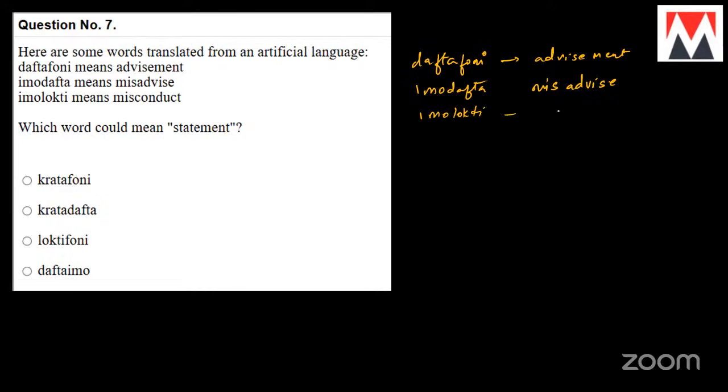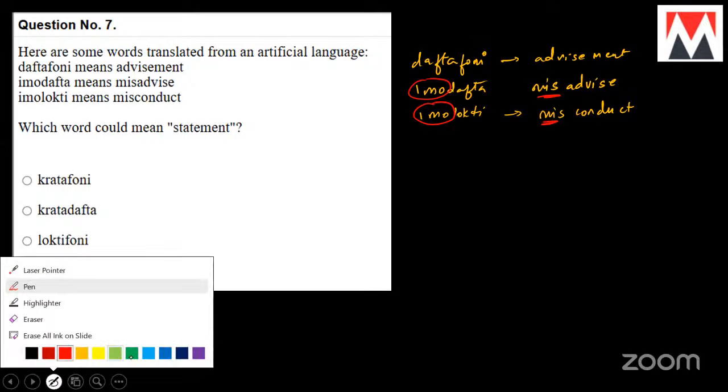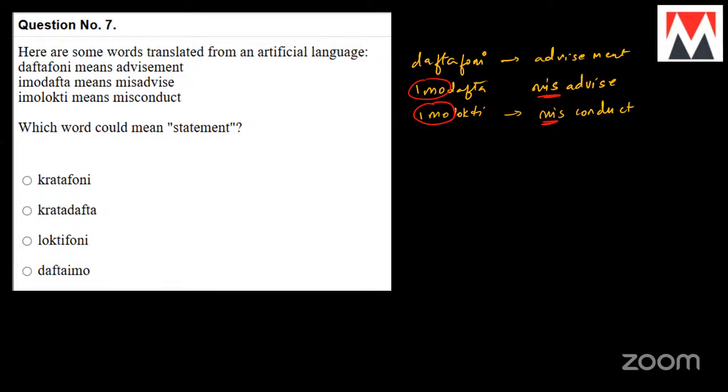Emolopti is misconduct. So what is the common word if you see here? Emo is common here. So the common word is miss. You have dafta and you are left with lofta. That is advice. So your dafta is advice.